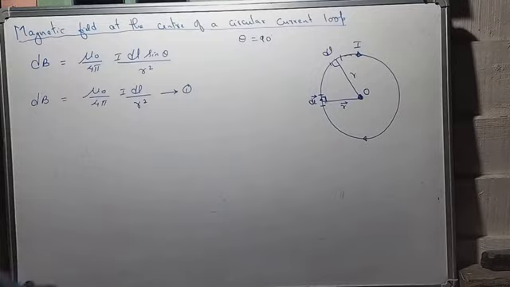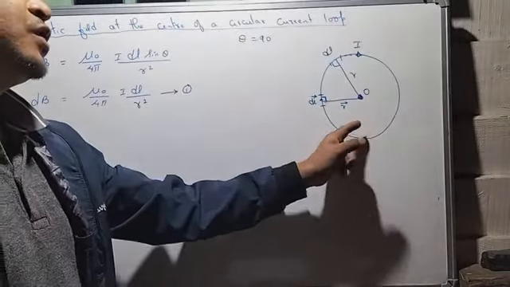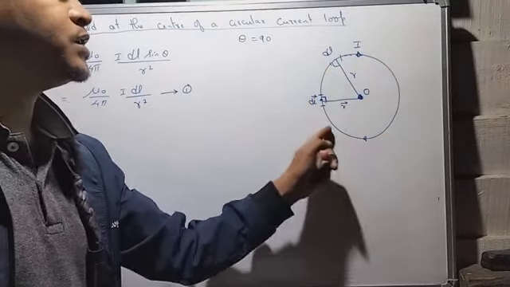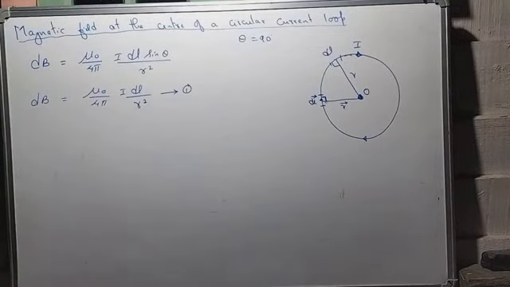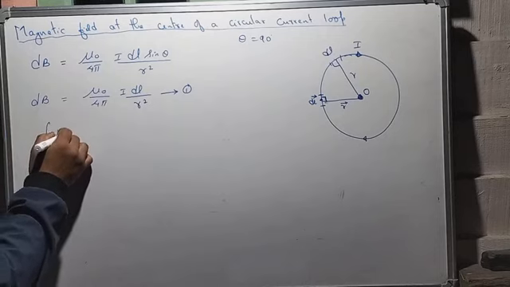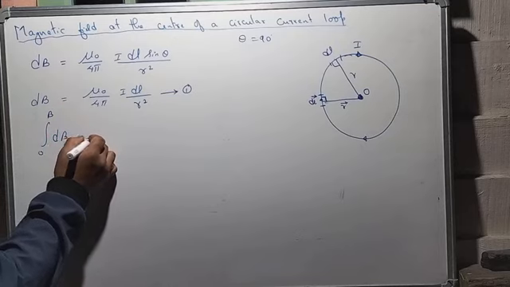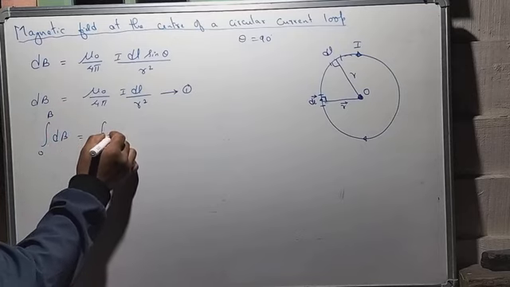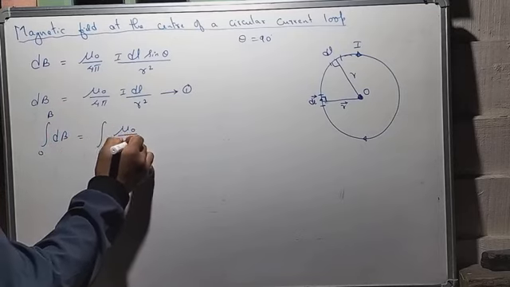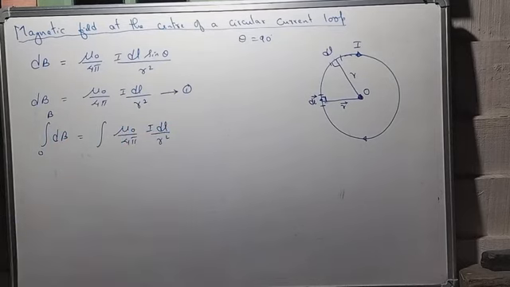So in order to find the magnetic field at the center of the loop due to this whole current loop, I will integrate this equation 1. By integrating equation 1, you will get the integration of dB, let's say from 0 to B, equal to the integration of mu naught upon 4 pi, I dl upon r square.